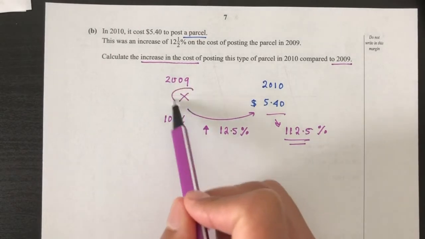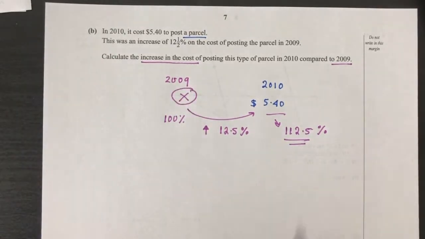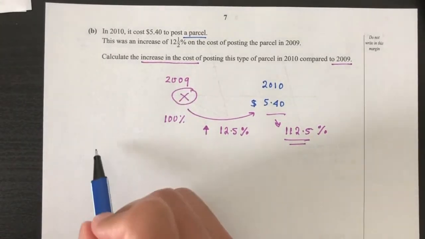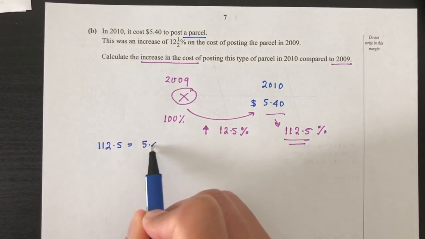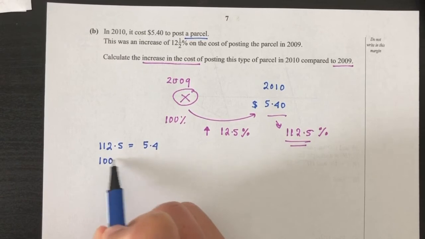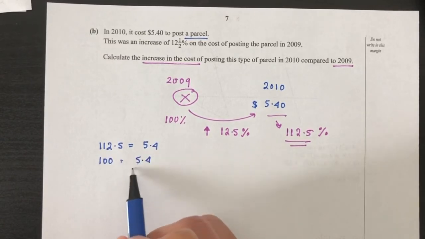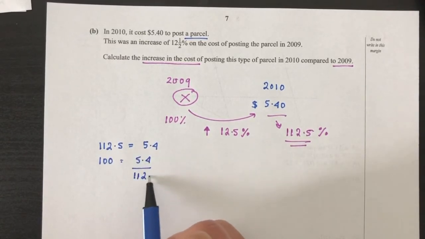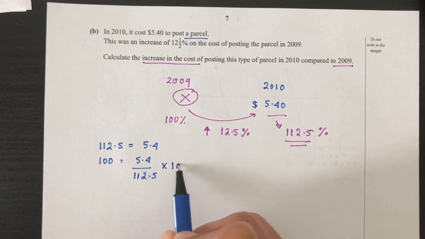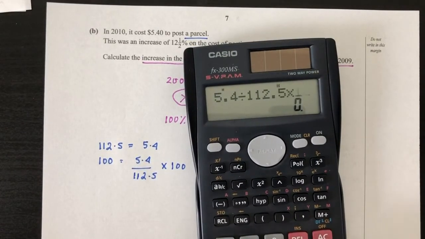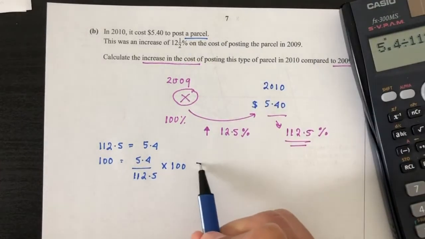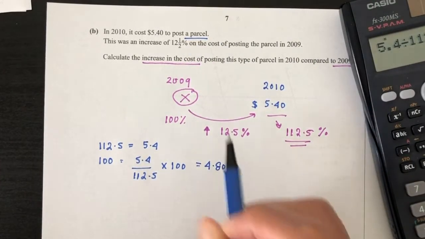So we have to find the value of X first. So pretty easy, you just do comparison. So 112.5 is equal to 5.4. So what is 100? That will be 5.4 divided by 112.5 times 100. That should be 4.8. So 4.8 will be your value of X.